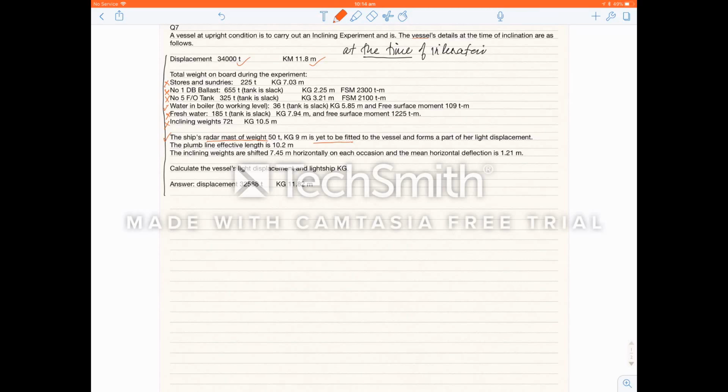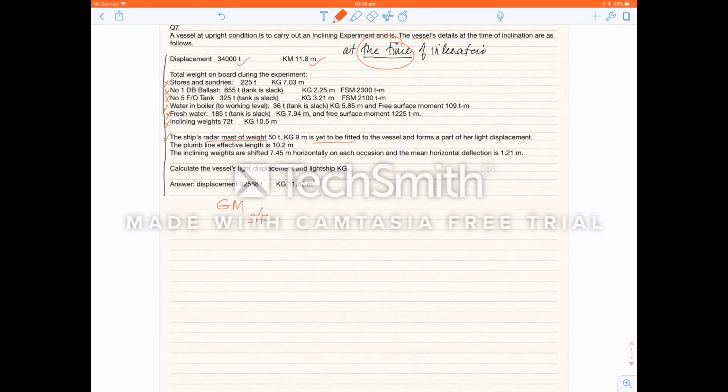Now at the time of inclination, the inclining test will give us a GM. Whether this is GM solid or fluid will depend on the condition of the tanks at the time of inclination.